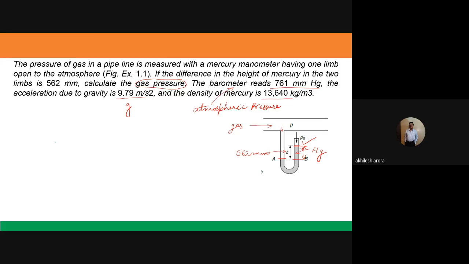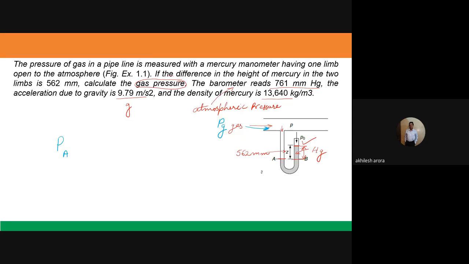Let us see. When I say P at point number A, you can see it here. This is the gas which is flowing in the pipe actually, and we are calculating the pressure of the gas here with the help of this manometer.